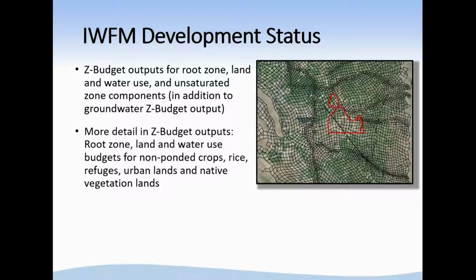One good thing about these new outputs is that they have much more detail compared to budget outputs. Just to repeat, for those of you who are not familiar with this terminology, budget outputs are for areas, zones that you define before you run your model. Those are basically static.